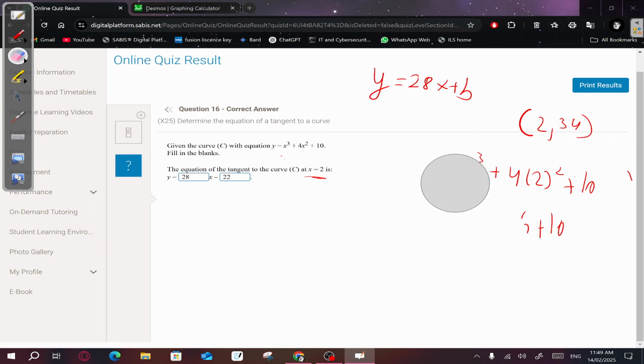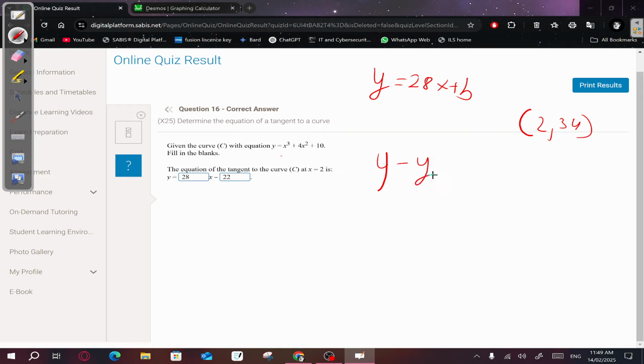Now, in instances like this, it's much easier to use y minus y0 equals m times x minus x0, just to make your life easy. So y minus y naught equals m times x minus x naught. We keep y, substitute y naught, which is 34, equals m, which is 28, times x minus 2.